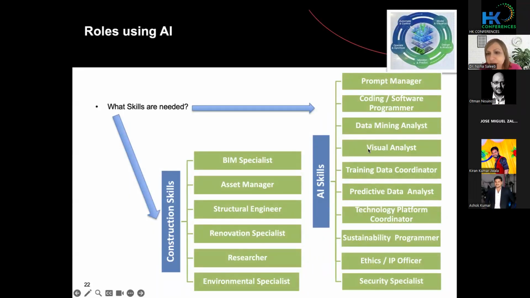I mean, even just looking here, you need a prompt manager, someone to manage what you actually put inside off-the-shelf solutions if you're using them, or if you're making your own bespoke solutions, you need, of course, coders and data mining analysts and visual analysts and trading analysts and predictive data analysts, so many different roles, and ethics as well, as also Dr. Jose mentioned earlier, in addition, of course, to security.